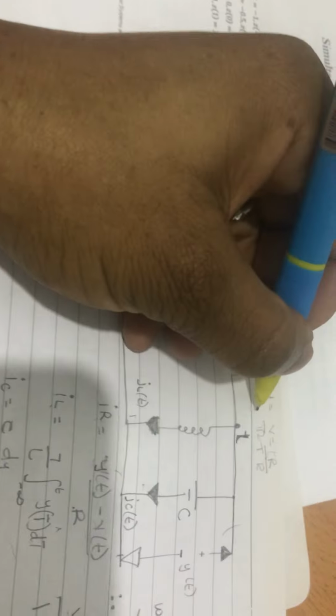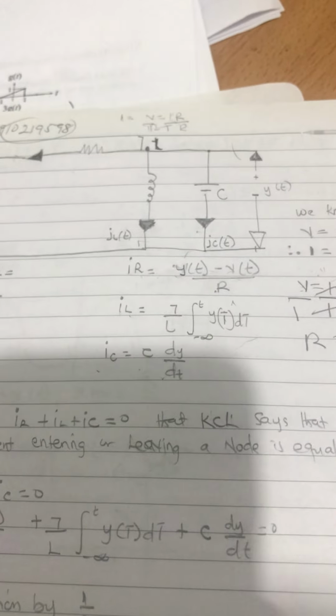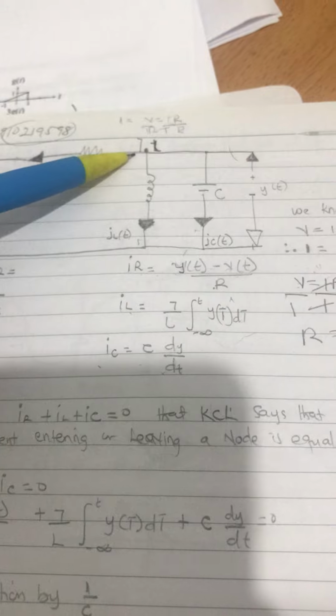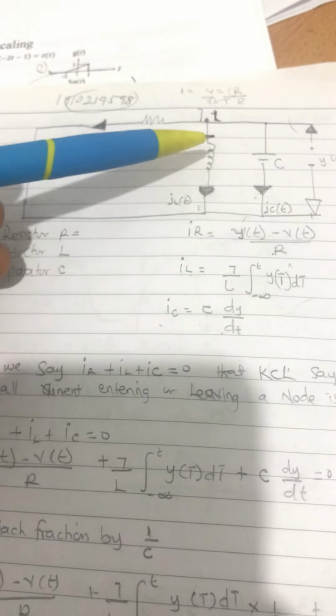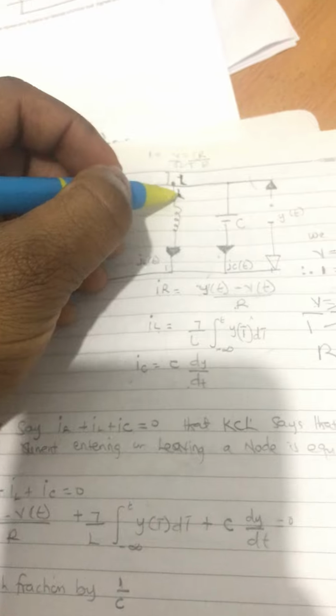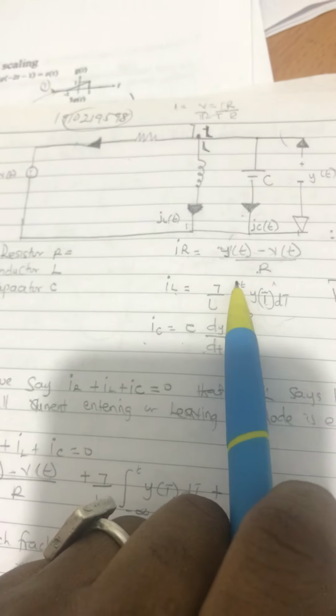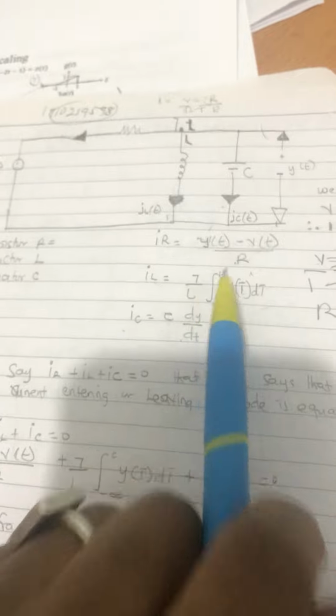And then when we move to your inductor, we can say 7 over L, which is integrated to y t dt, which we have our high limit to be t and our low limit to be minus infinity.